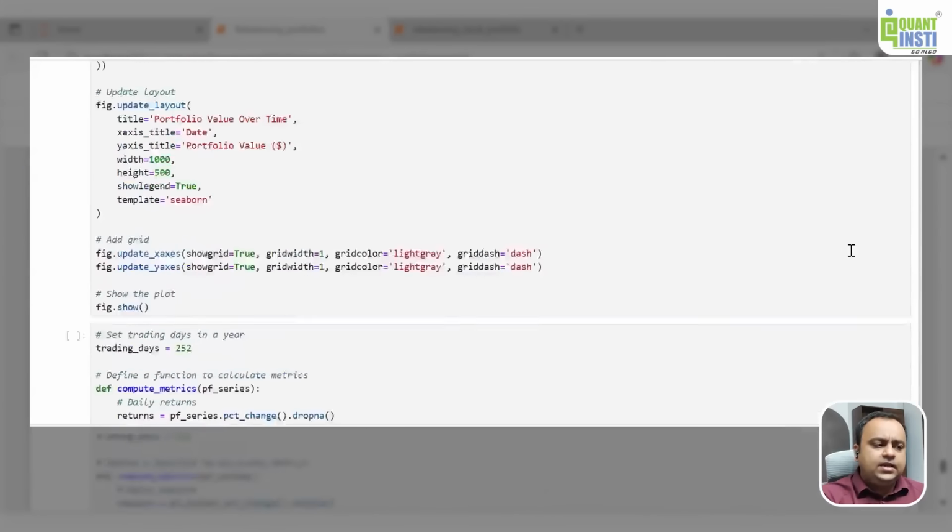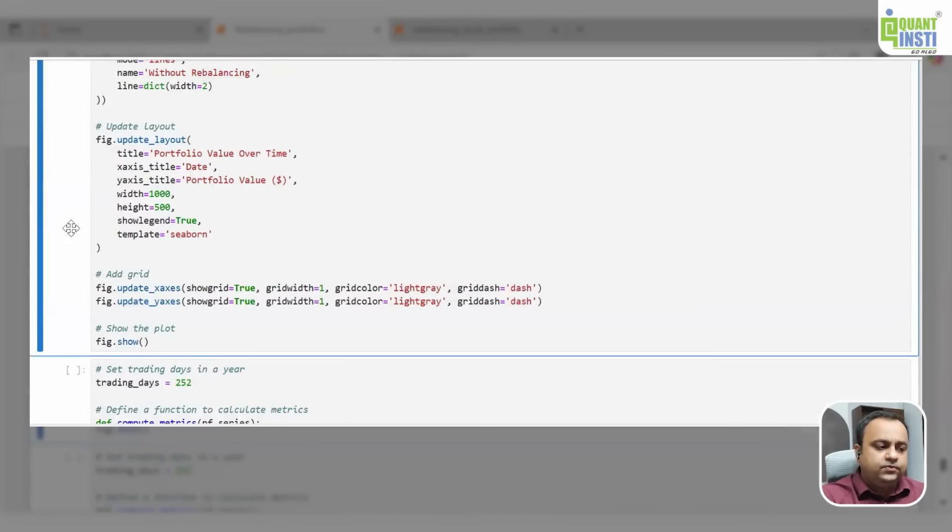But before I get into comparing these two portfolios, let me give you a slight idea about the most important part of rebalancing. I did mention that we need to maintain our portfolio objective.